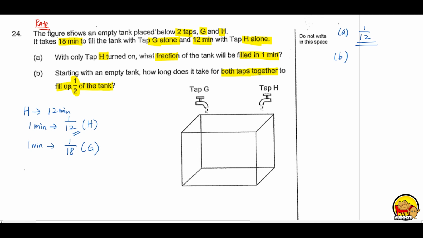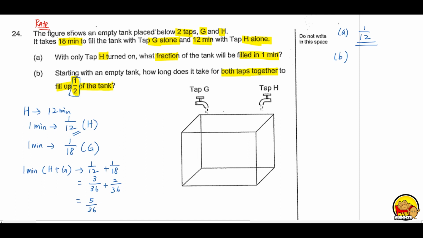So in 1 minute, for both H plus G, they would fill up 1/12 plus 1/18 of the tank, which I change the denominator to 36. They fill up 5 out of 36 of the tank.